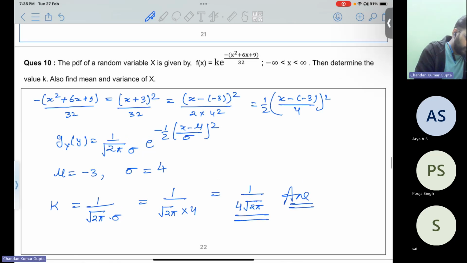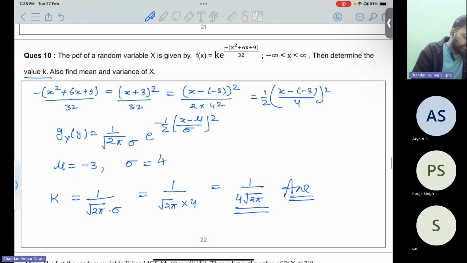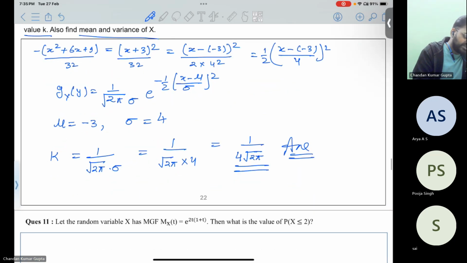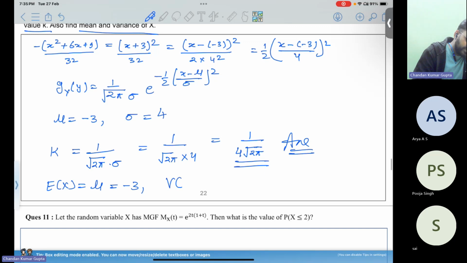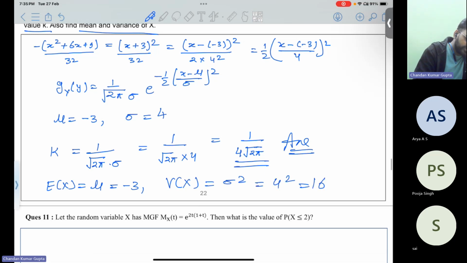We needed to calculate the value of k. Now the mean and variance of x. Mean of x is equal to mu, which is equal to minus 3. Variance of x is equal to sigma square, which is equal to 4 square, which is equal to 16. Is it clear?